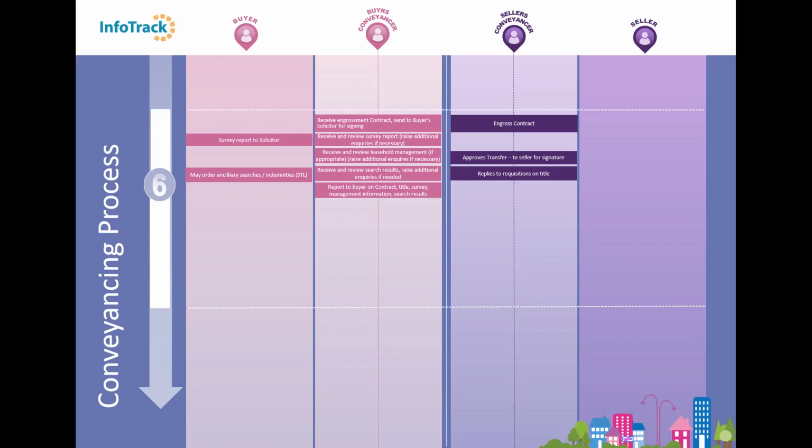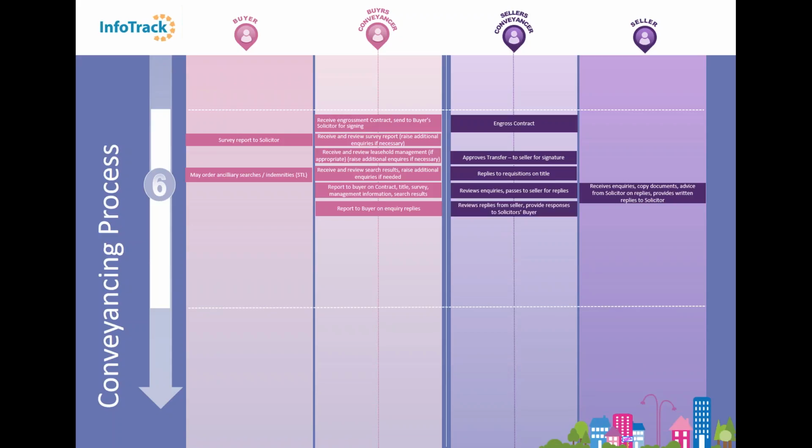They'd also be replying to all the questions that the buyer's conveyancer is asking on the title about the management information. Obviously, the seller may have to provide copy documents and reply back to their solicitor. And then the buyer's conveyancer reports all that information back to the buyer.